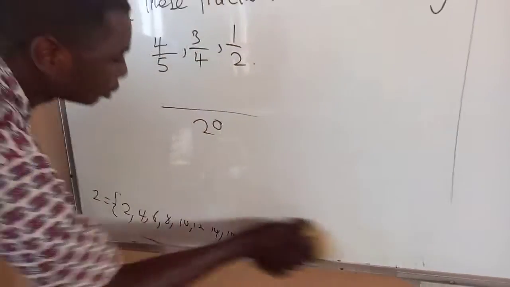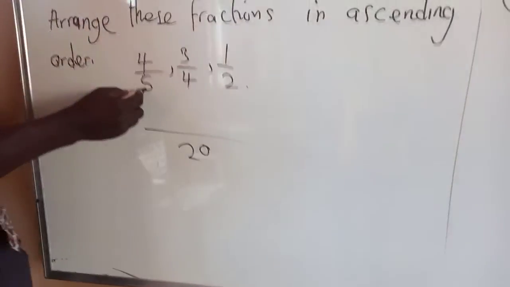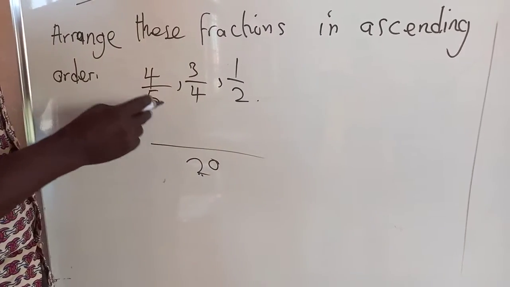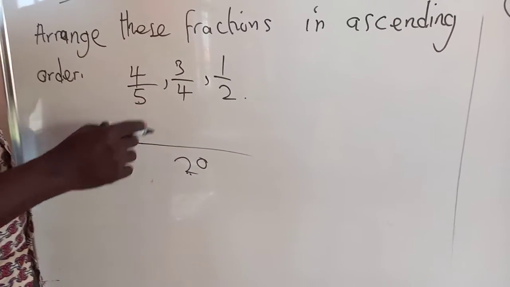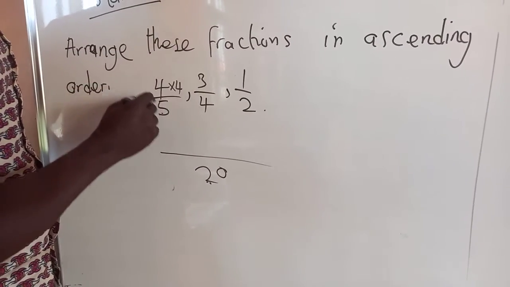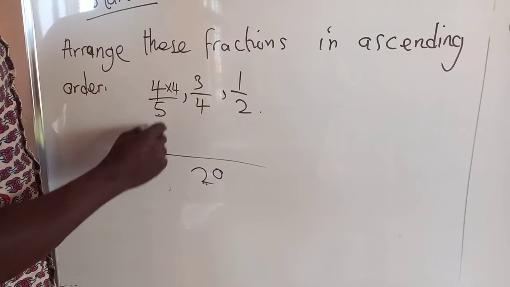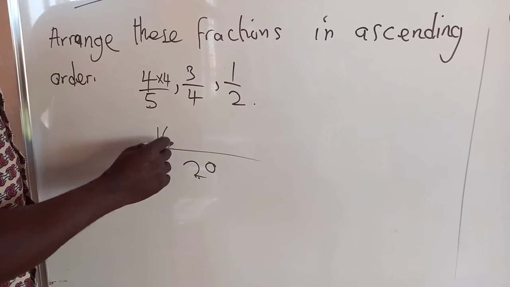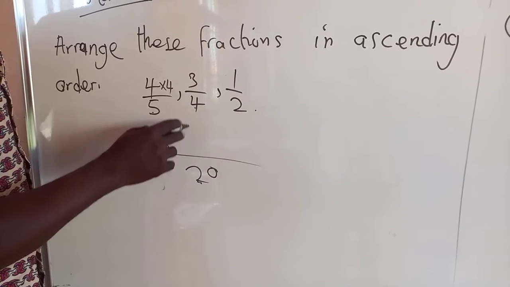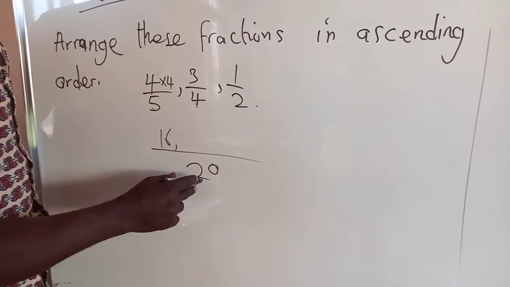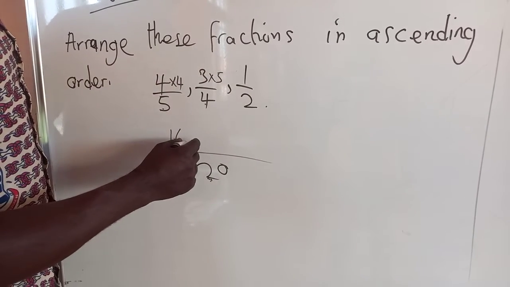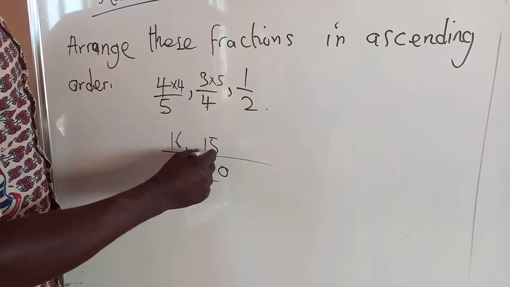We continue by asking: 5 will go into 20 how many times? 5 times 1 is 5, 5 times 2 is 10, 5 times 3 is 15, 5 times 4 is 20. So 4 times. Then we multiply the numerator: 4 times 4 gives us 16. Next, 4 goes into 20 five times, and 5 times 3 gives us 15.